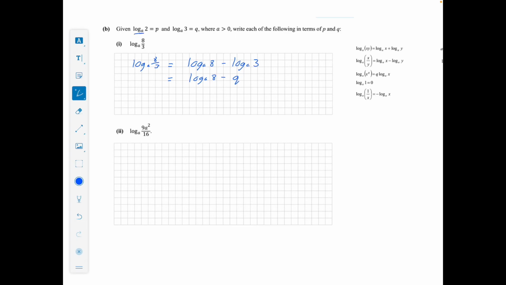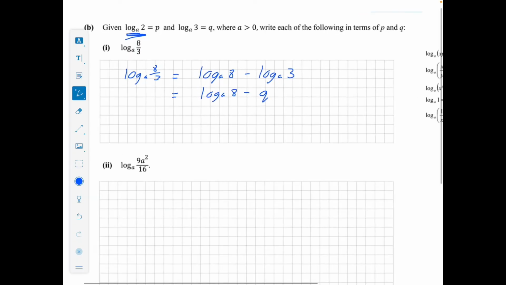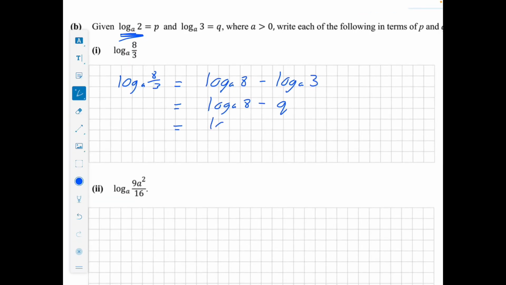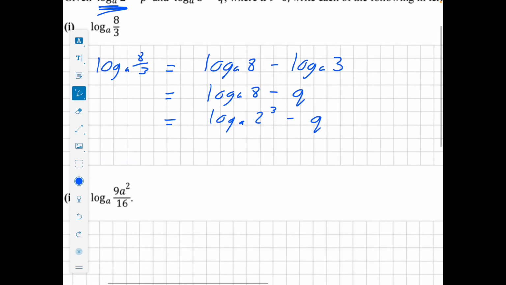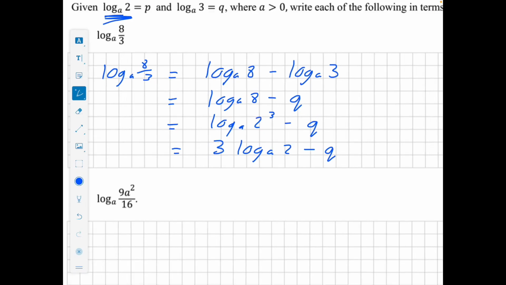Now we need that log to base a of 8 to change. Ideally I want it to look like log to base a of 2. Now, how can I change an 8 into a 2? What I could write this as is log to base a of 2 cubed, minus q. Now I've log to base a of 2, just this cubed is in the way, but I can use this law here, the third one, to bring that power down out in front.